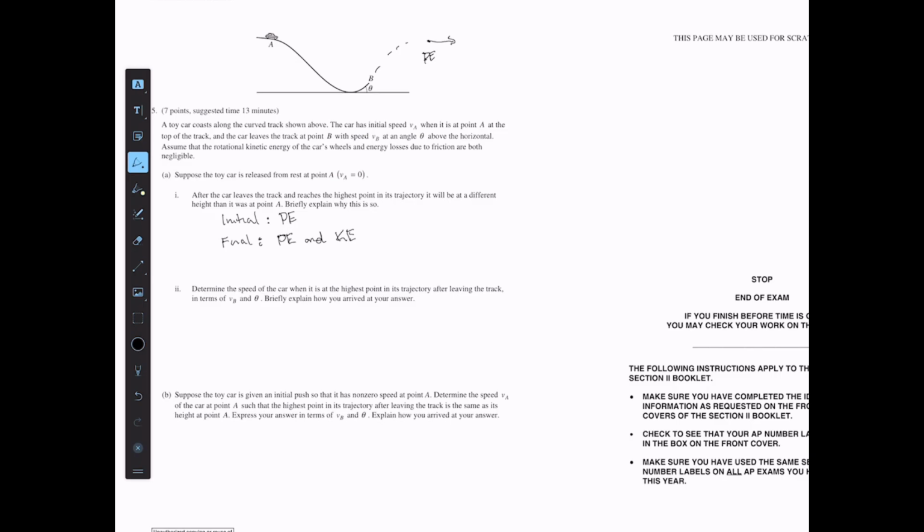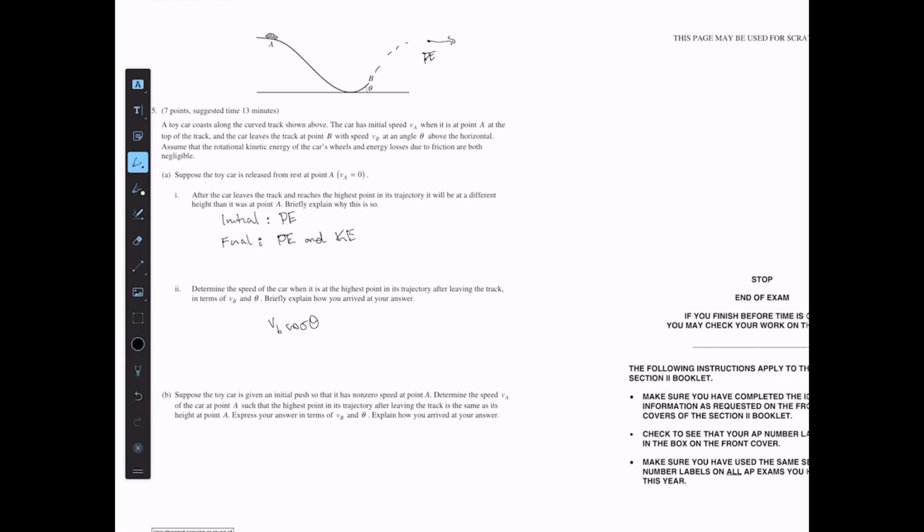So that's basically why it can't go to the same maximum height. Next, the speed of the car when it's at its highest point in its trajectory. At the highest point, the vertical velocity is 0, but the horizontal velocity stays constant. So the speed is just vB cosine theta.